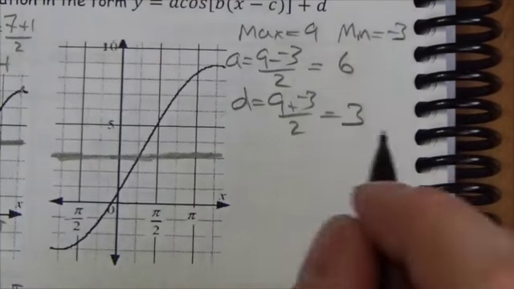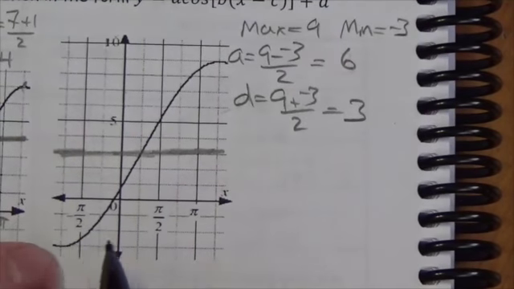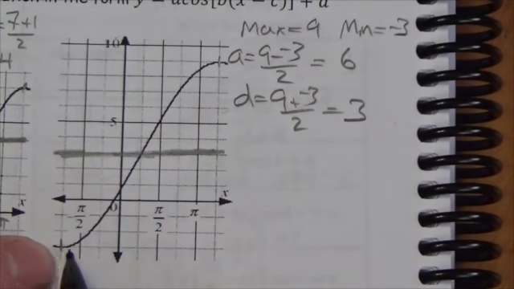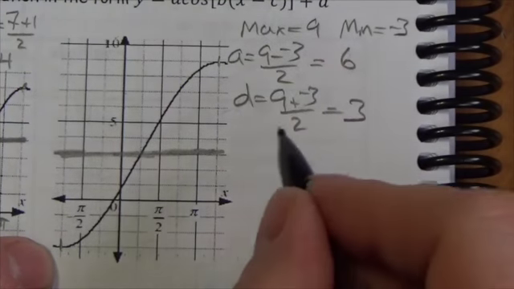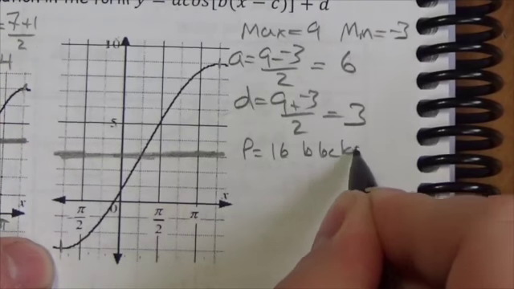That's okay. Now here we go. To figure out what the period is, I've got to count out the blocks here. To go from minimum to maximum, that's going to be 1, 2, 3, 4, 5, 6, 7, 8 blocks. That's half the period, so my period is going to be 16 blocks, twice that.